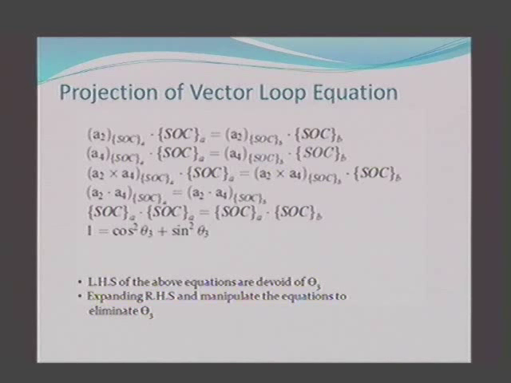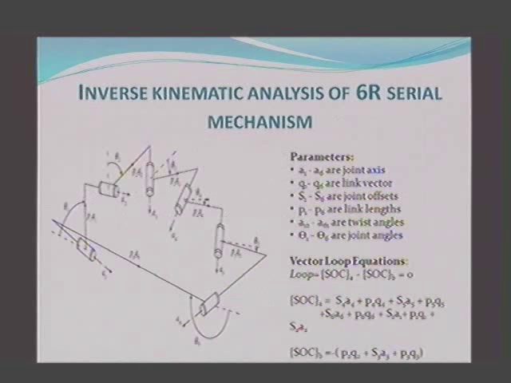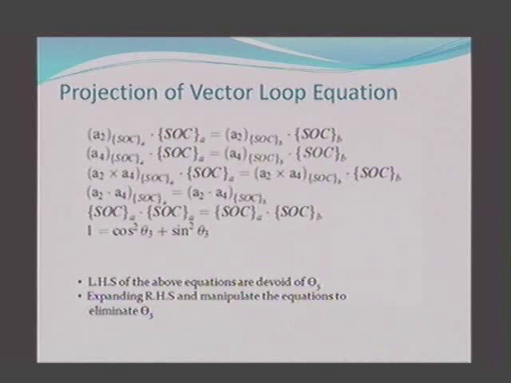In this, the left-hand side is devoid of theta 3 because the SOC of A does not include the joint axis, the joint 3. So what's SOC? Serial open chain. The part A does not contain the joint 3, so it is devoid of theta 3.